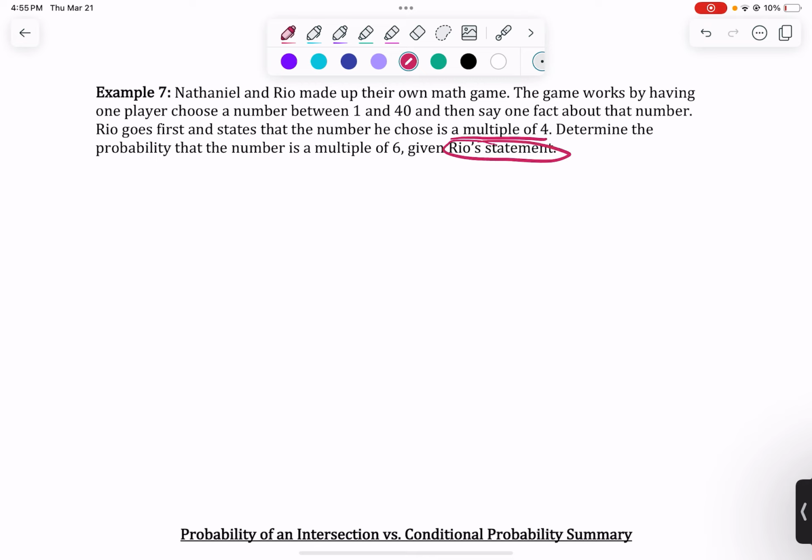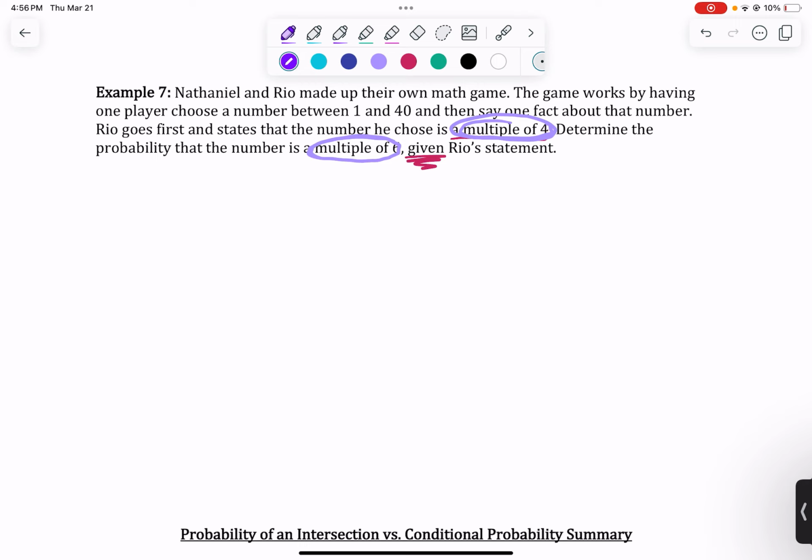So I could really replace that, saying given the number is a multiple of 4. The word given is one of those key words that helps identify things as conditional probability. When I talk about conditional probability, I'm trying to find multiple of 6 given multiple of 4. So those two values are going to be my two events that are taking place.